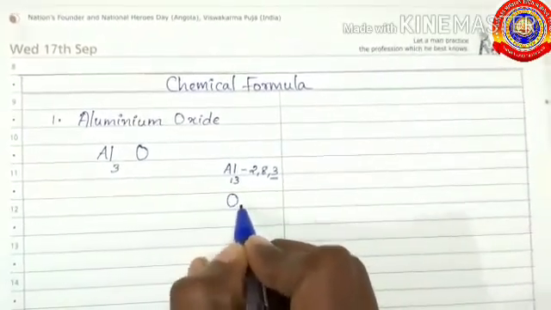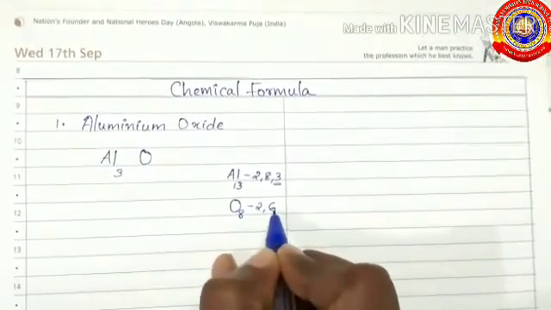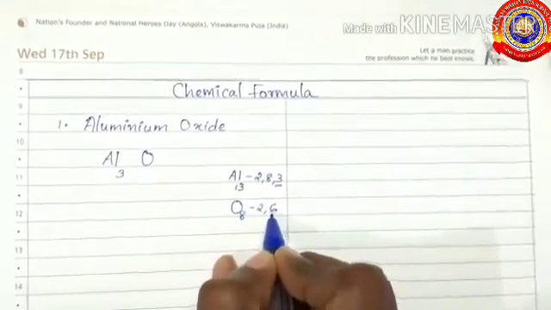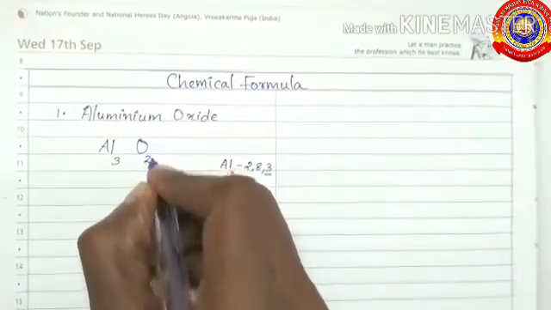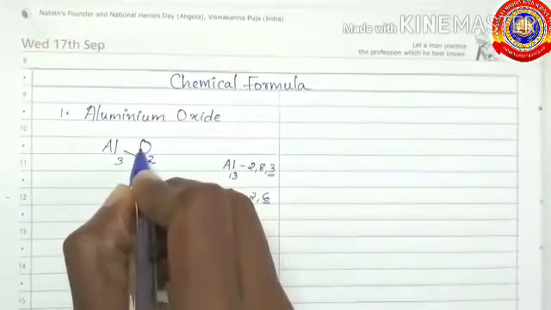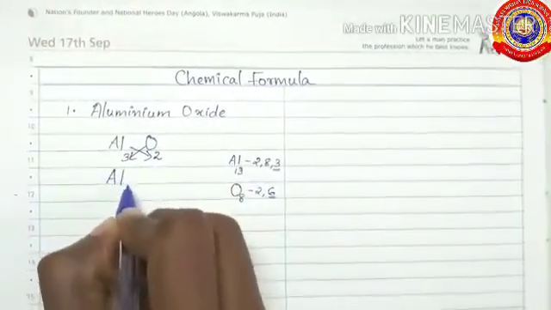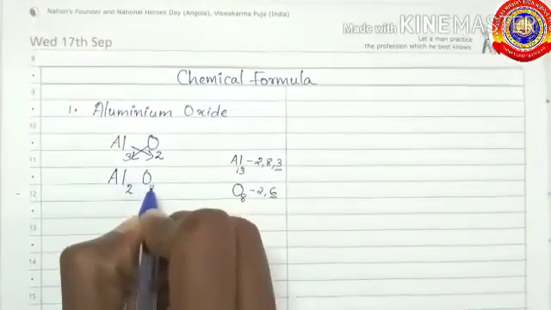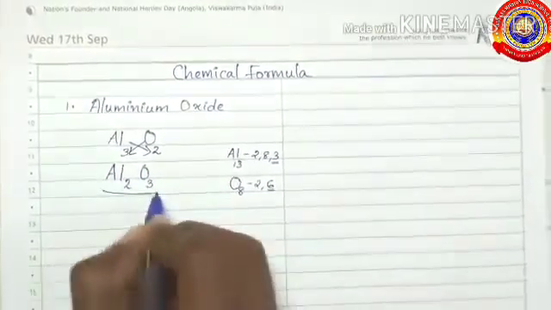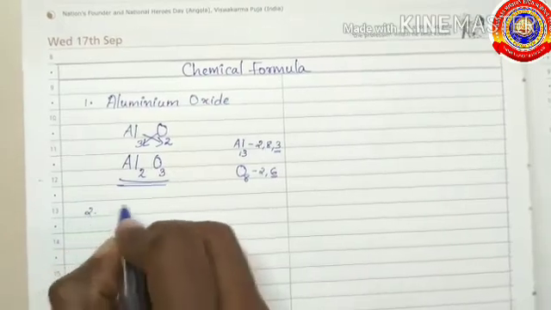Similarly, you have to find the valency of oxygen from the configuration and write it as a subscript. The second step is to interchange their valency. So you will get the valency of aluminium as 2 and that of oxygen as 3. There is no common number for dividing into a simpler ratio. Therefore, the chemical formula of aluminium oxide is Al2O3.